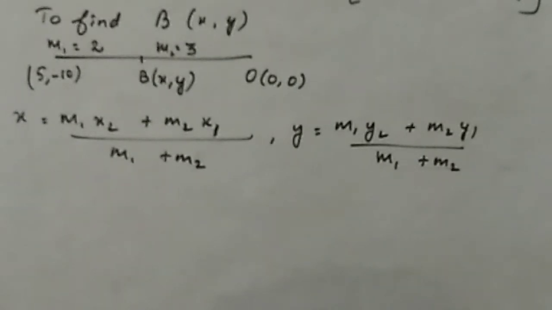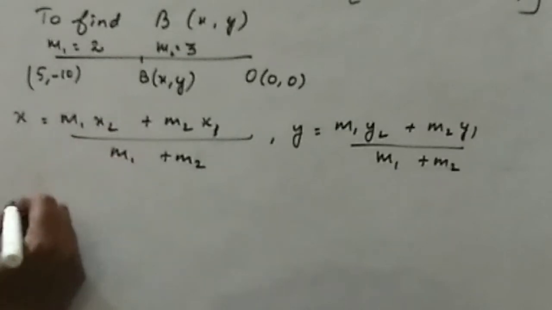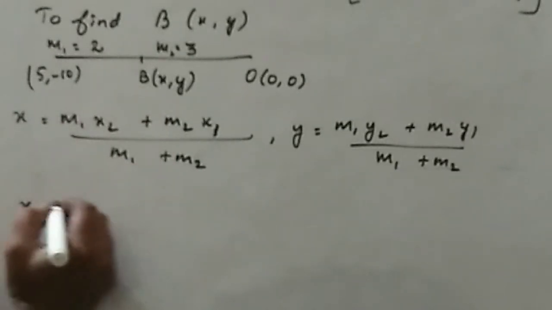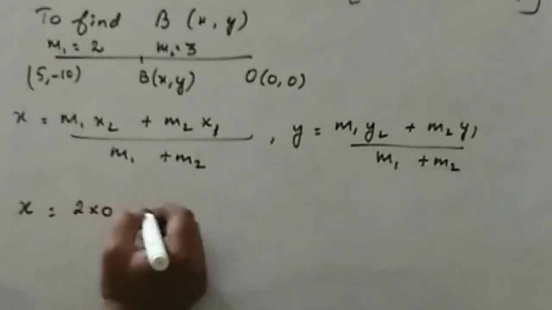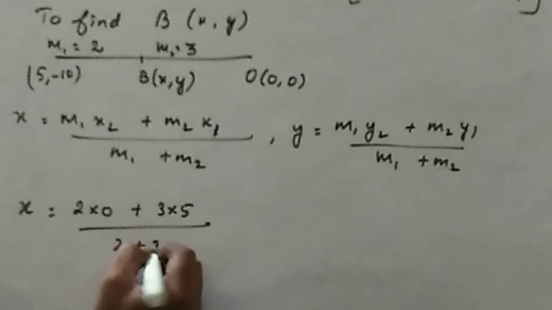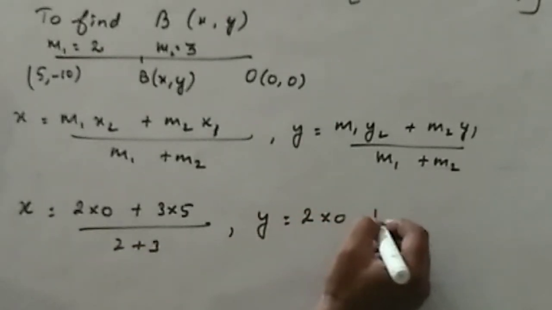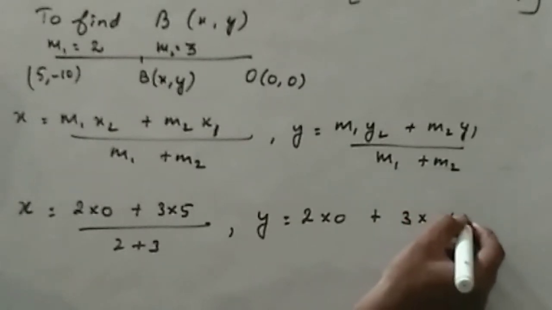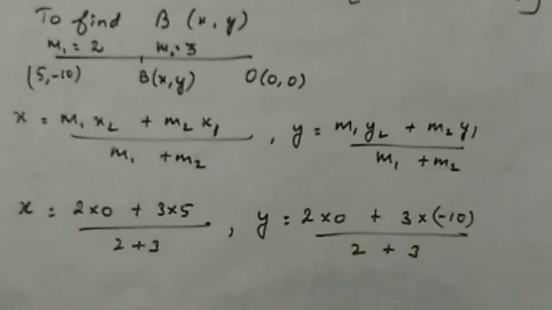Now we have to find the coordinates. X is equal to (2 into 0 plus 3 into 5) upon (2 plus 3). Y is equal to (2 into 0 plus 3 into -10) upon (2 plus 3).